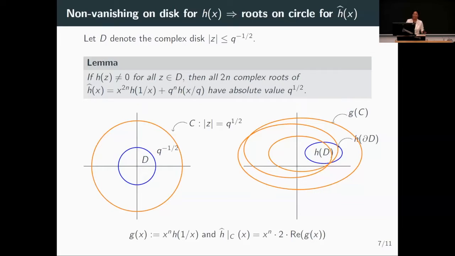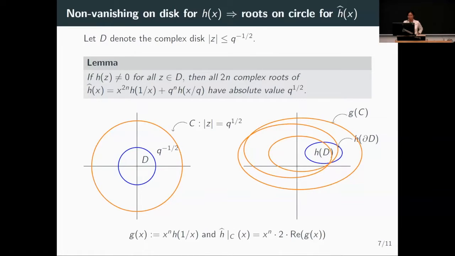And that's the argument. Okay, so what we have established so far is a way to construct polynomials such that it's q-symmetric and all of its complex roots have exactly absolute value square root of q. Okay, so now we are ready to construct Weil polynomials with prescribed value at 1.